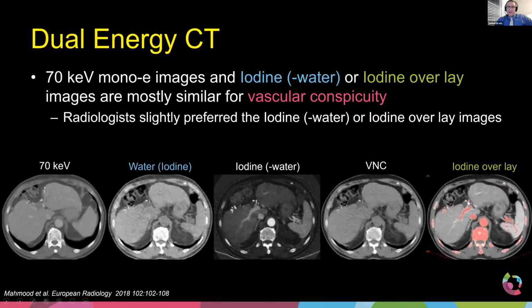In their case, that made the vascularity appear more conspicuous and more intense to the eye, and more pleasing. So monoenergetic imaging is also very beneficial if you want to make something stand out a little better in the image.